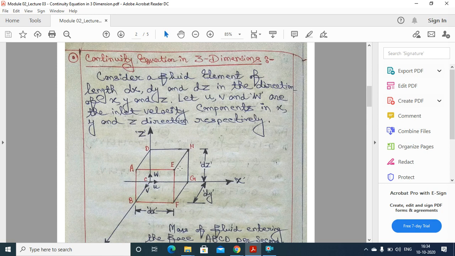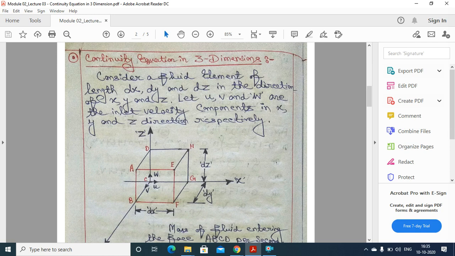Here you can see this is the fluid element whose lengths are dx, dy and dz, where dx is the length of the fluid element in x direction, dy is the length in y direction and dz is the length in z direction.